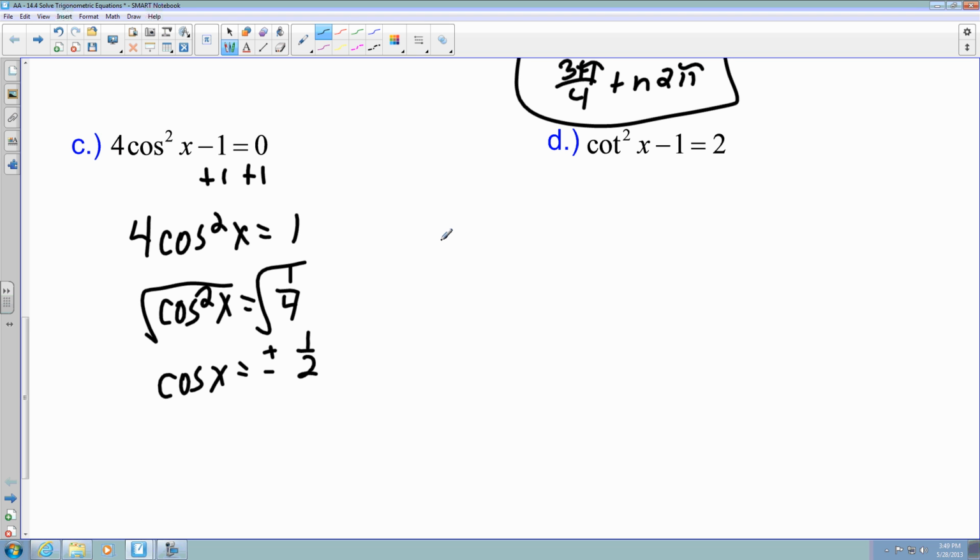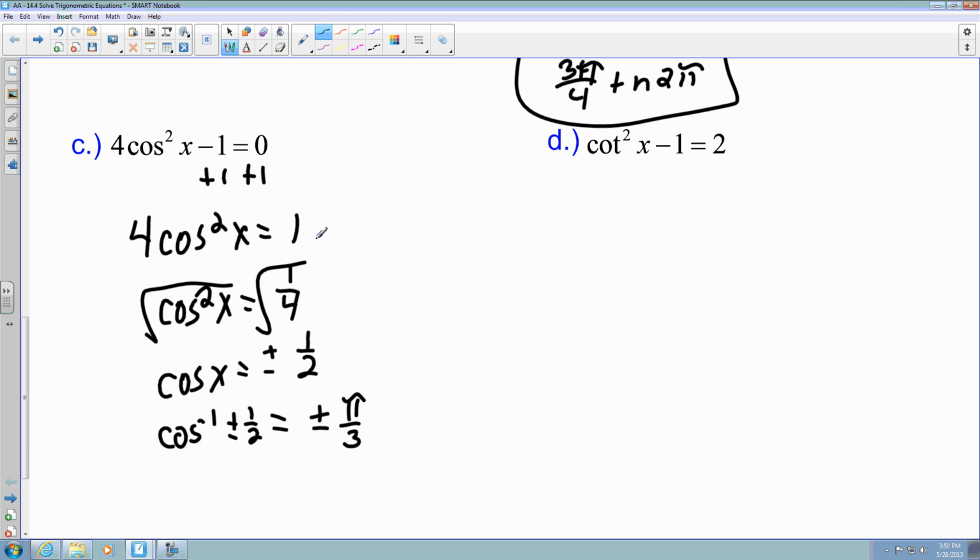So now here, I have to find x. So if I find the inverse cosine of plus or minus 1/2, that's going to equal plus or minus pi over 3. So if you checked the unit circle, you'll see it there.